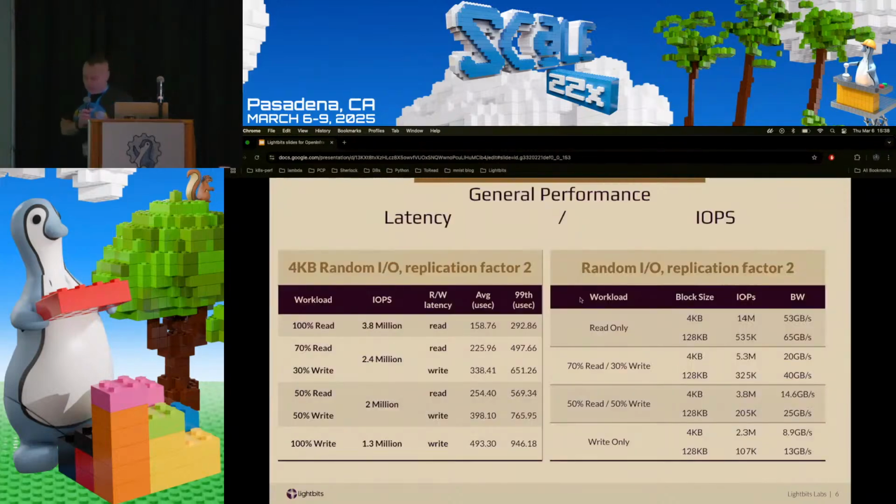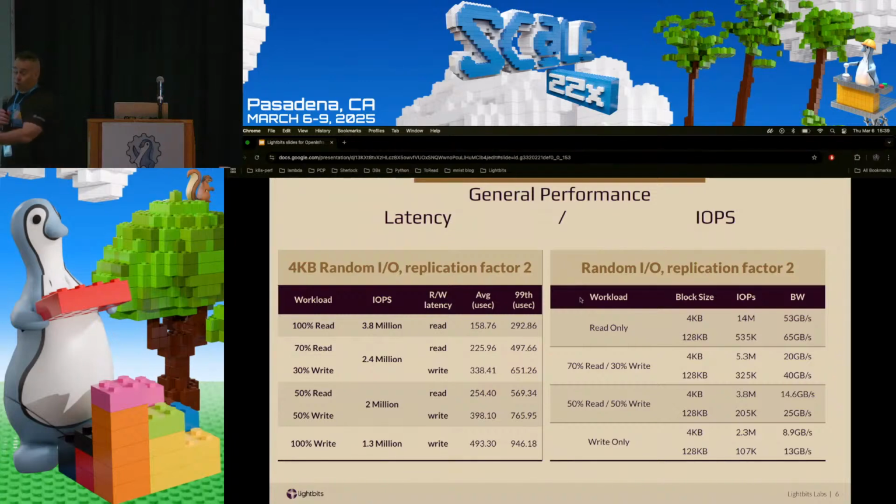These are some performance numbers. On the right side, these are IOPS. What you're seeing is actually 3 servers of Lightbits, each of them with 12 SSDs. You can see that in terms of read-only 4K IOPS, about 14 million was done from just 3 servers. That gives you roughly 4-point-something million per target.